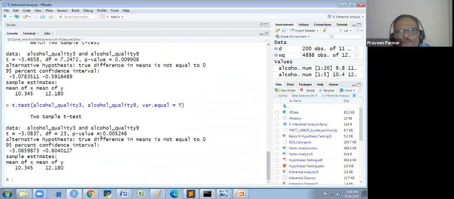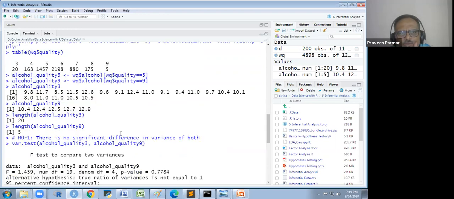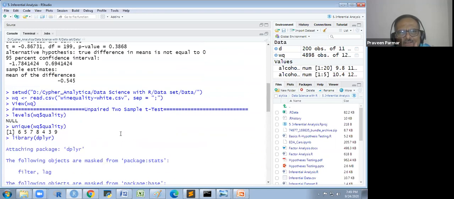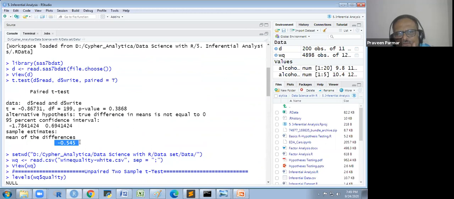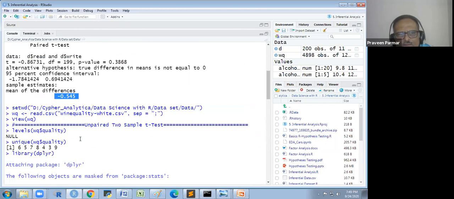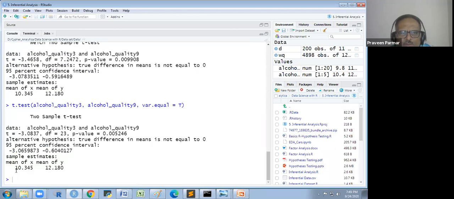Okay. So here you see there is 0.005, so our null hypothesis has been rejected. One more thing I would like to explain. When we conduct this paired t-test, we get here the difference of means. And here we get the mean of both variables, because the number of observations are different.